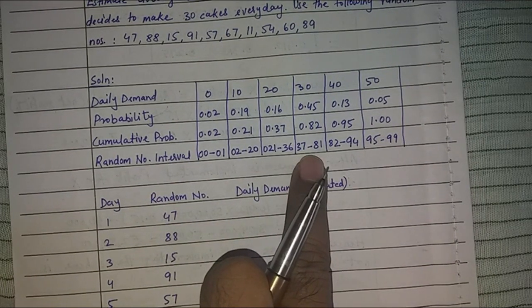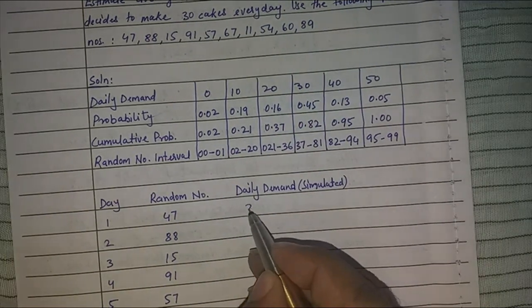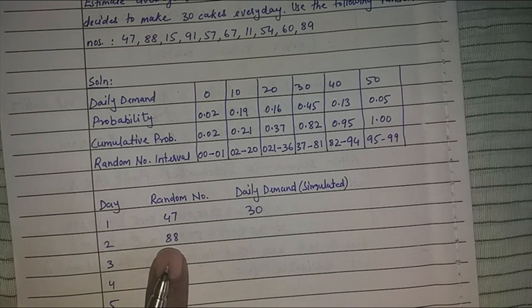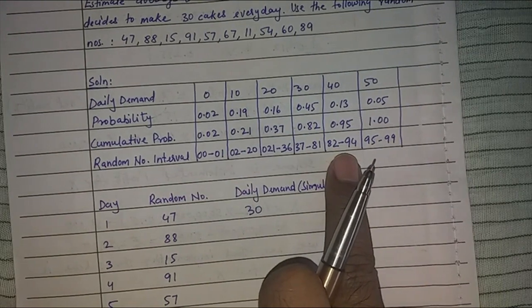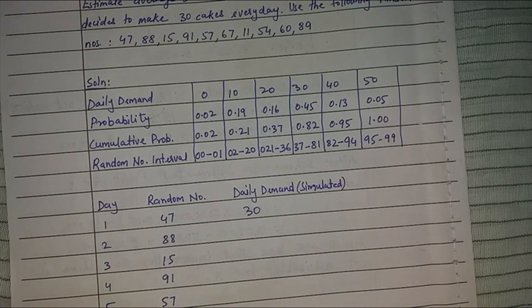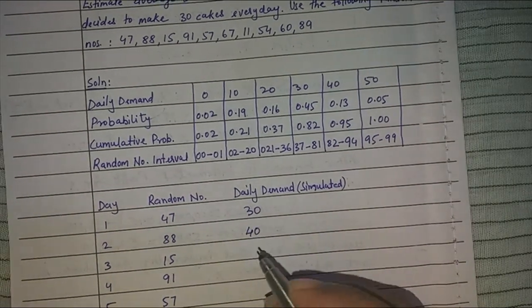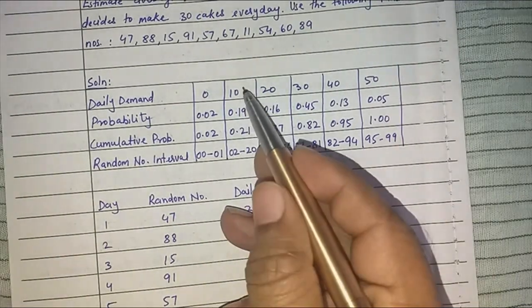And what is the daily demand for this? It is 30, so write 30 here. 88 falls under this interval, and the demand is 40 cakes, so I write 40 next. Then 15 will be in this column, demand is 10.